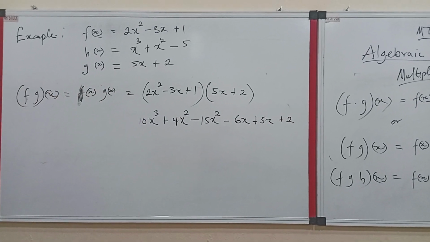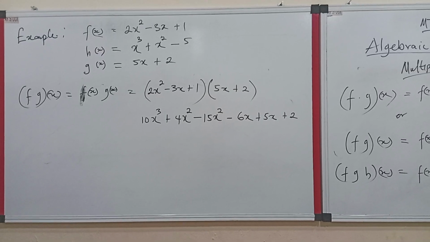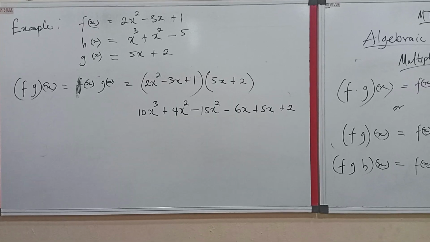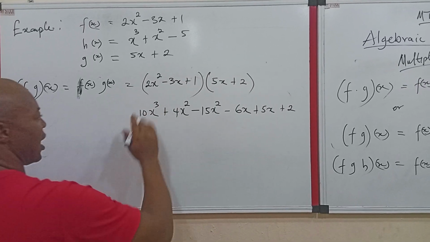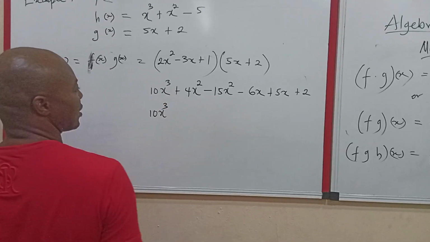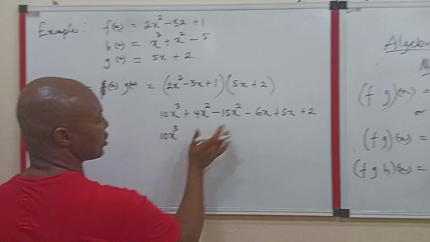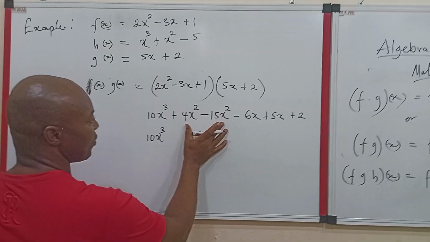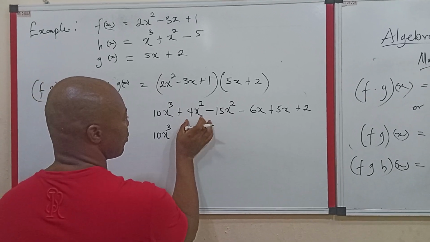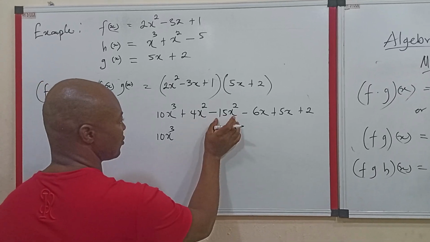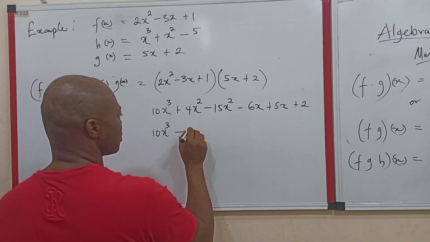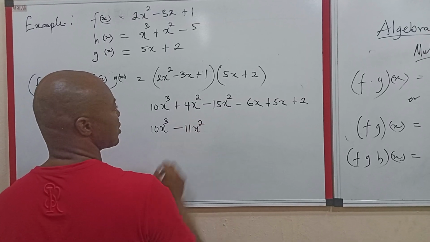Now the next thing we're expected to do is to collect like terms. If you look at this one, the highest power is 10x raised to the power 3. The other ones are these terms, where we have x raised to the power 2. Here we have plus 4, here is minus 15x squared. So if you do this, you are going to have minus 11x squared.